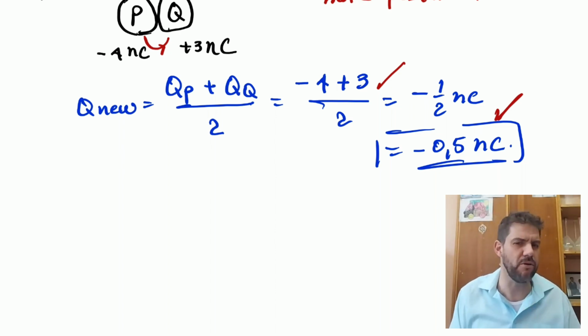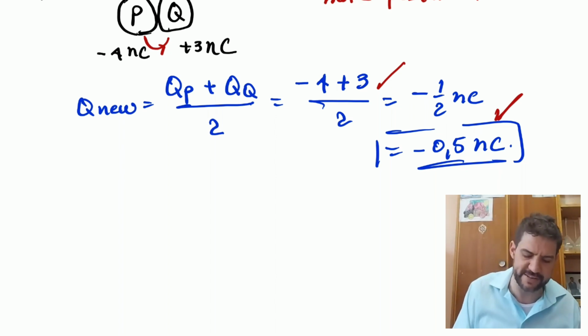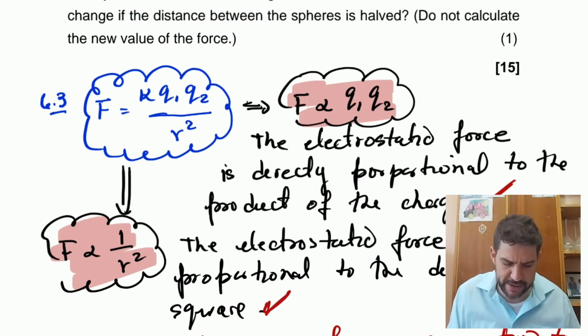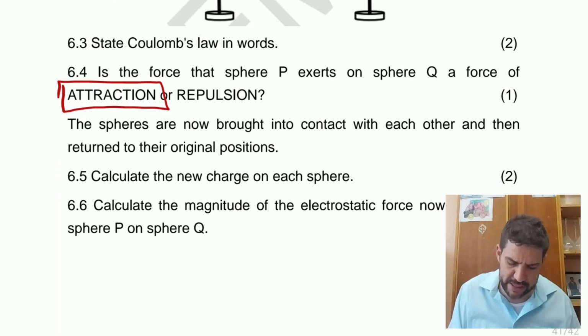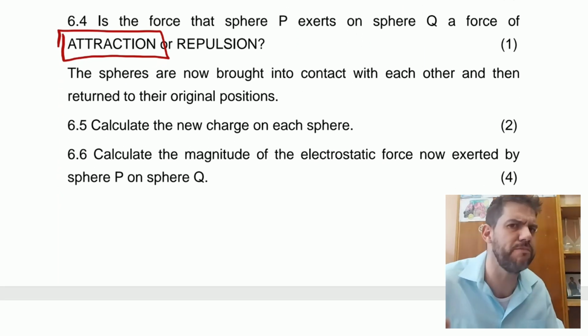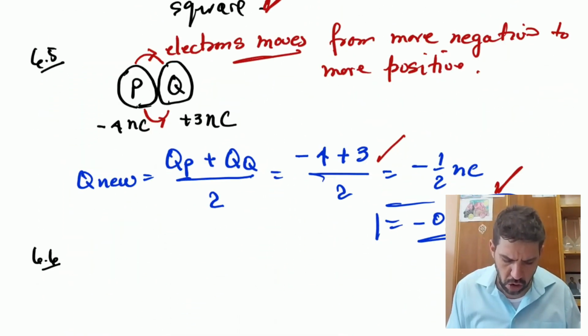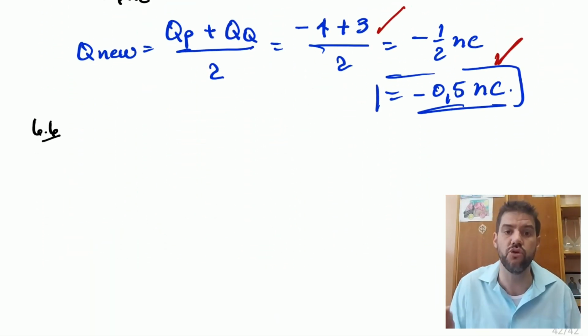And we're going to speak about that in terms of the direction of the force. Let's calculate first the magnitude. This one is question 6.6. To calculate the magnitude, and note they ask to calculate the magnitude of the electrostatic force, not direction, but we're going to speak about direction as well, all you are going to do is use Coulomb's law.